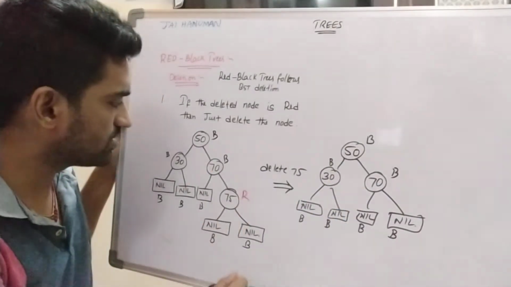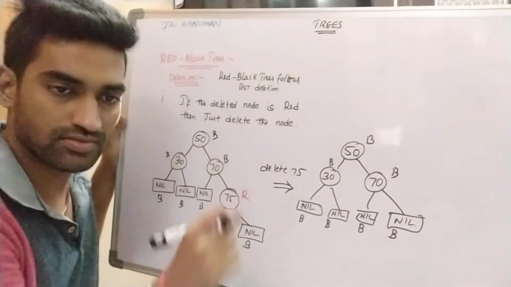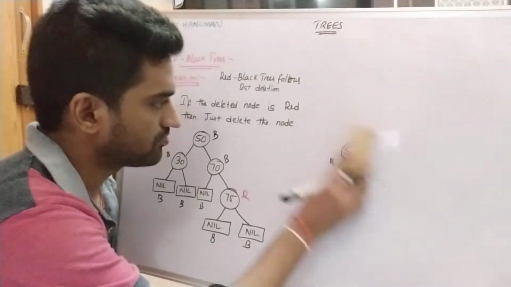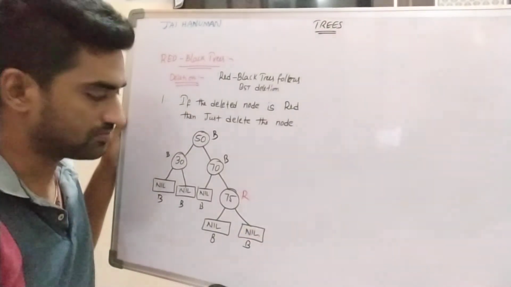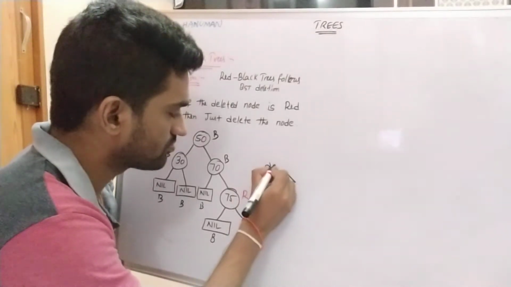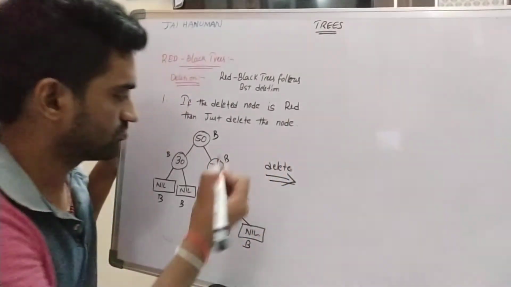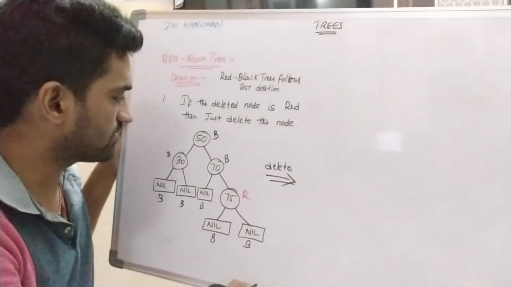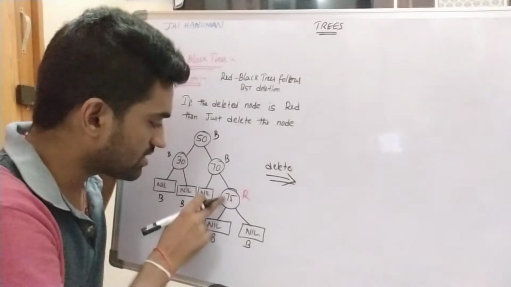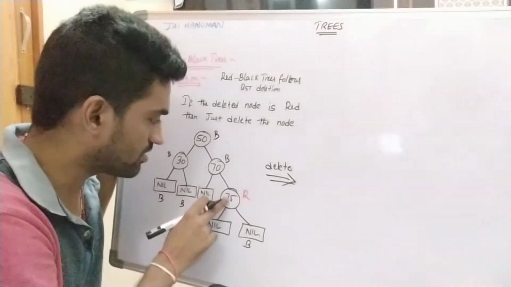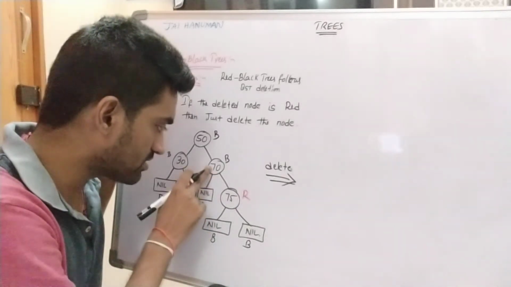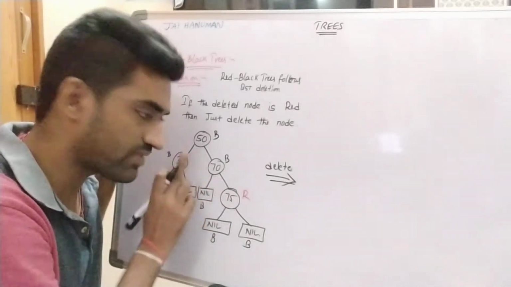Suppose I want to delete 70. So 70 is an internal node which contains only one child. Here 70 is replaced by 75.